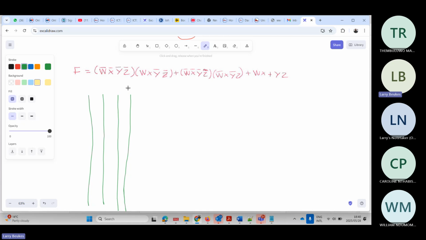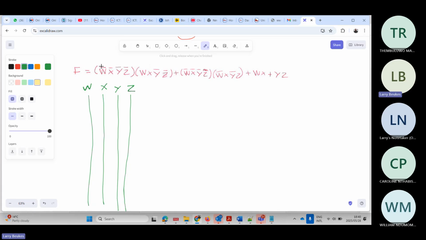I need you to do this so that you don't have a lot of inputs, right? Then this is your W, this is your X, this is your Y, this is your Z. So these are all our inputs, W, X, Y, Z, right?